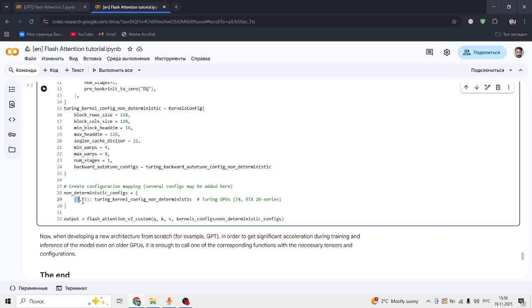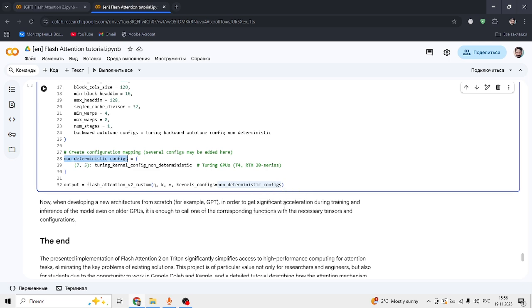So for Turing this is 7.5. That's why it's written 7 and 5. And then you insert QKV with the same shape as in the FlashAttention v2 mode, and you point this dictionary into the kernel configs parameter, and that's all.